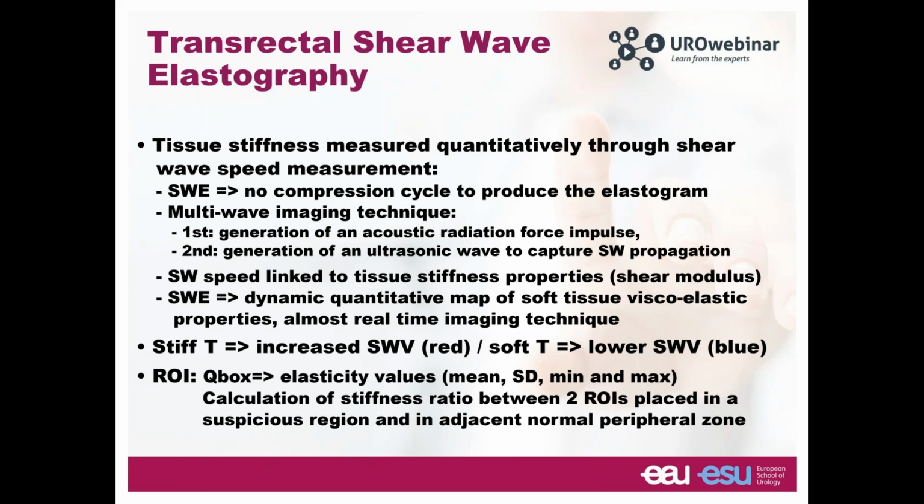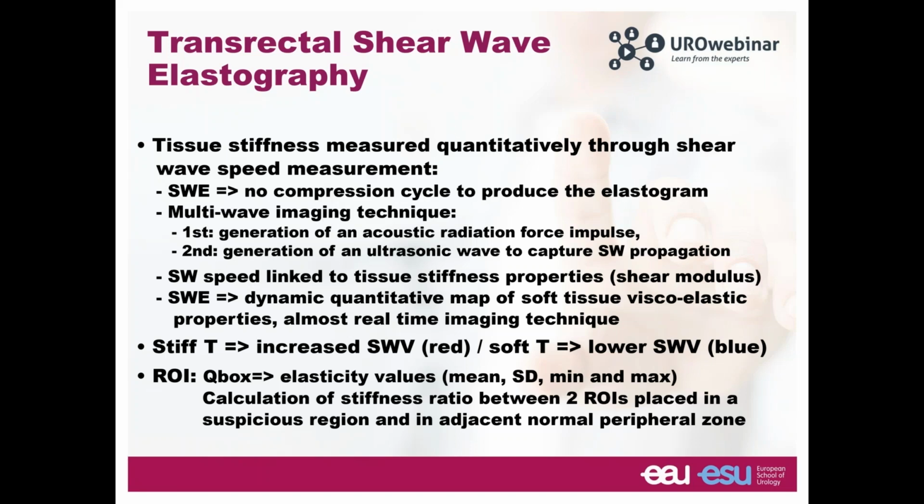So this is a much more dynamic quantitative map of the soft tissue viscoelastic properties, and it's a quasi real-time imaging technique. I mean, this is 1 to 2 images per second. And the stiff areas, contrary to the strain elastography, will appear in red colors, and the soft tissue will remain blue.